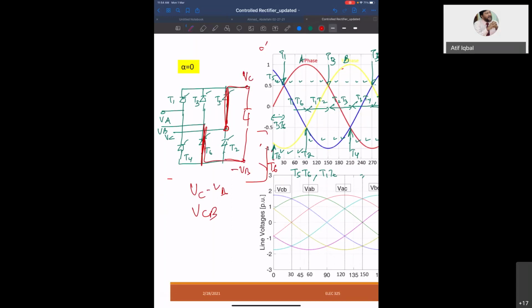VCB is coming. Okay, so I will map VCB. Next, you see T1 is operating and T6 is operating. T1 is A and T6 is B. So VAB.